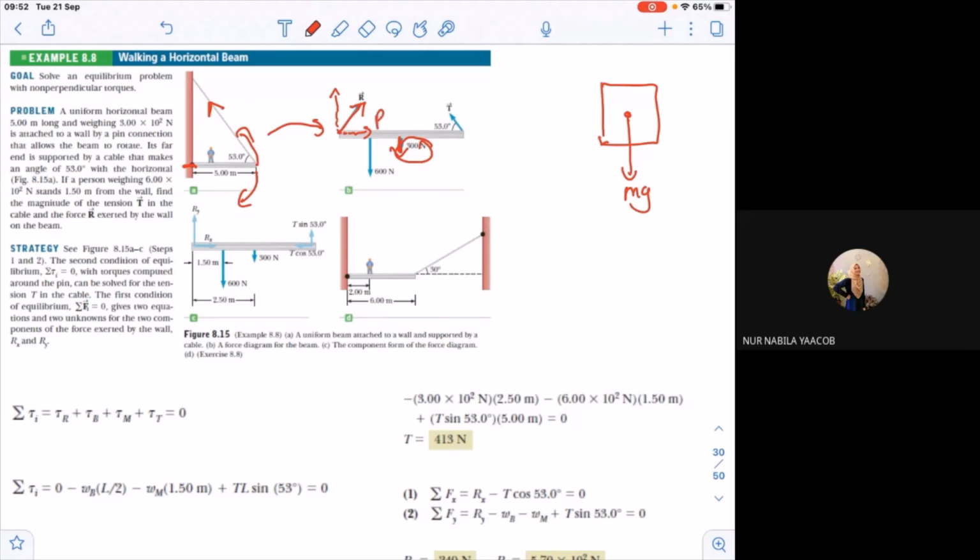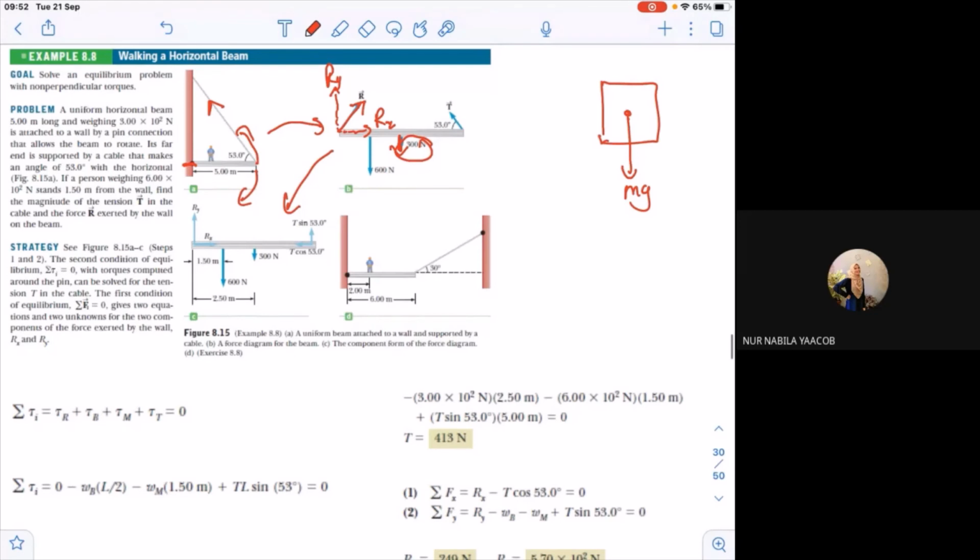Dia akan ada RX and also RY. So ini situation dia, tetapi bila dipindahkan menjadi ini dan kita akan jadi lebih faham. Okay, so there is some T sin 53, T cos 53, 300, 600, RX and RY. So in order to calculate that, okay, right now kita nak ada 3 benda dekat sini.